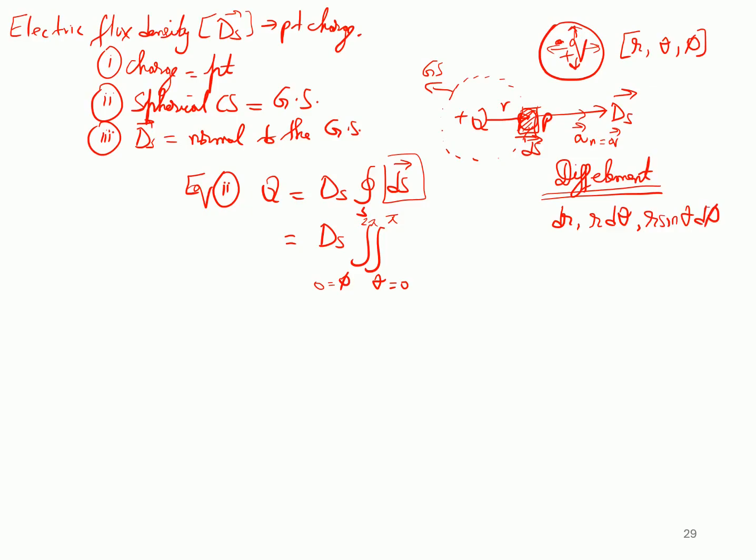Since we are just having a point along the radial axis, dr will not be part of this, thus dS comes out to be r squared sine theta d theta d phi. So we can replace the dS value over here as r squared sine theta d theta d phi.